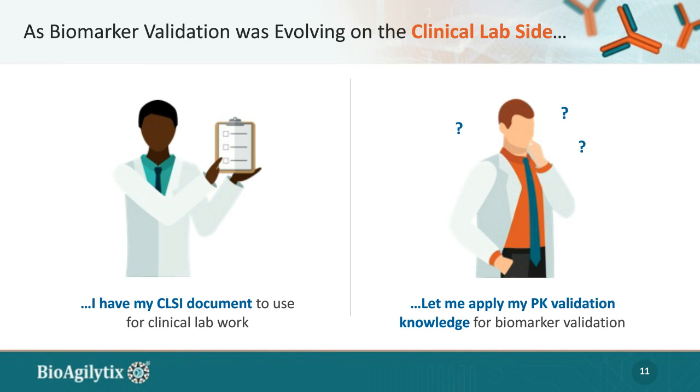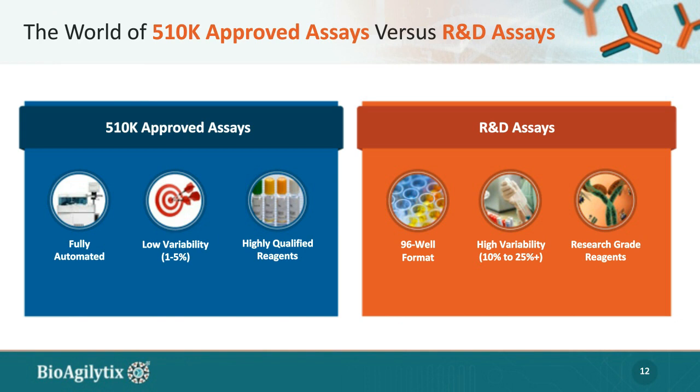One of the main differences we face between the two worlds, the diagnostic versus the R&D assays and exploratory biomarkers that we live in: in the diagnostic world, a lot of the assays are run on FDA-approved 510(k) kits. These are assays and kits that are fully automated, usually on automated analyzers like a Roche Cobas. They have low variability. Since they are automated and measure a narrow window, the variability is between 1 to 5%, and most of the time even less than 3%.